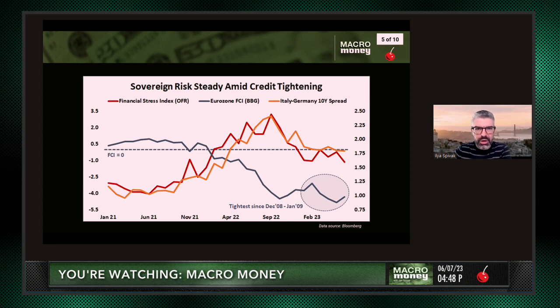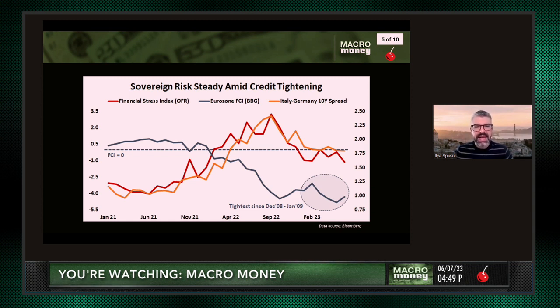And as rates rise, you might expect that you would have a more difficult time financing that debt. So markets should ascribe a greater premium to Italy because they should demand greater yields to accept the rising risk of lending to Italy relative to Germany.